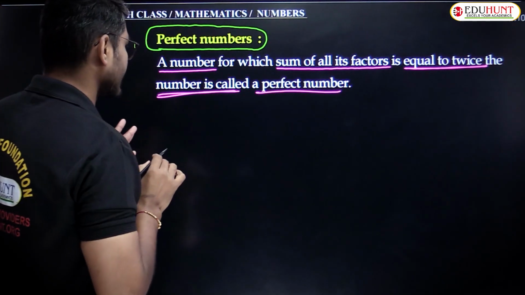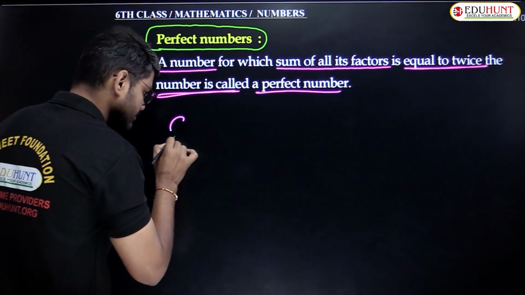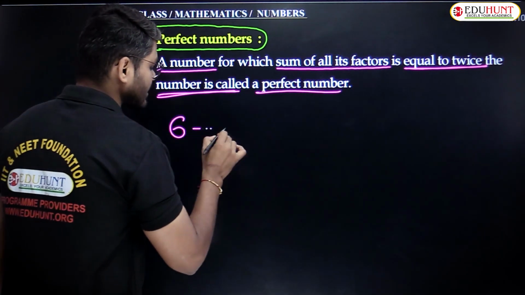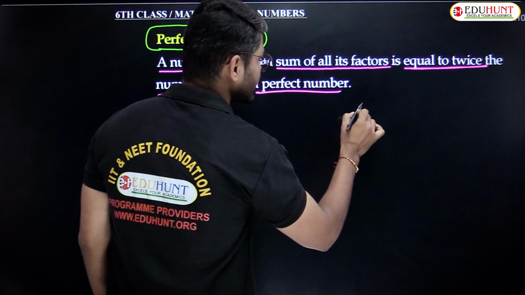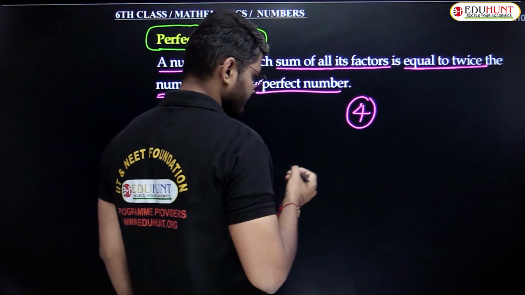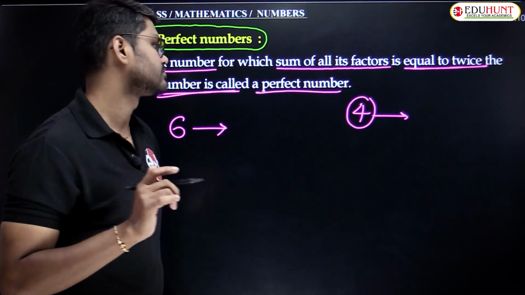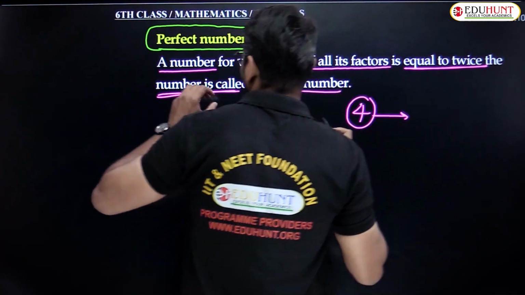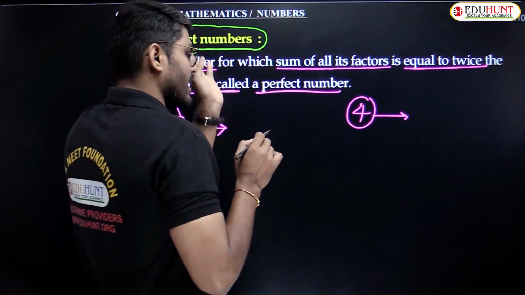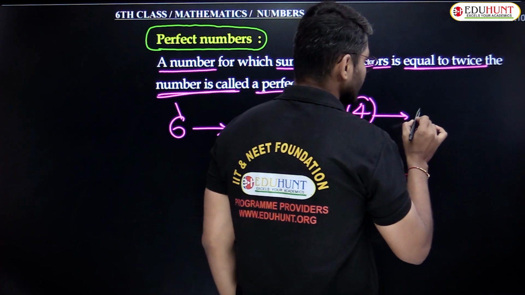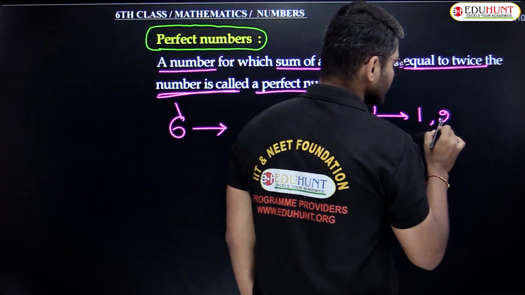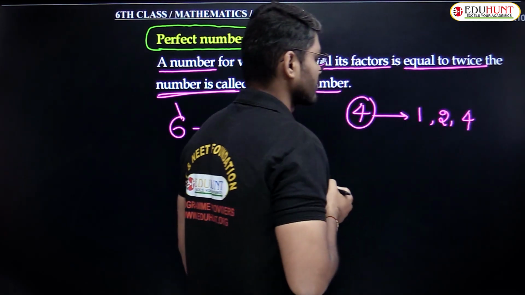Let us check whether 4 is a perfect number or not. What are the factors of 4? 1, 2 and 4.